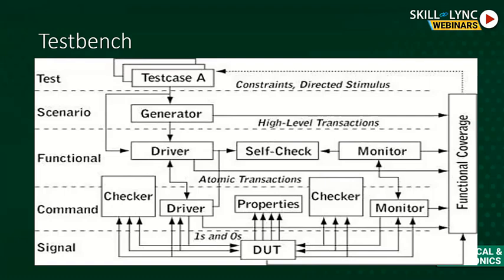Now, if you see at the very top level, there is a test A and there are multiple blocks of it. There are multiple blocks because we will be having different kinds of test cases. Each test case will be generating different scenarios. For those scenario generations, we can have them directed, or they can be completely random.